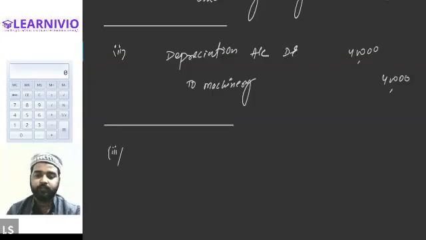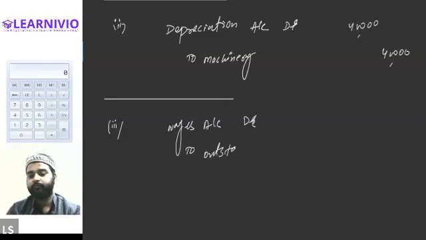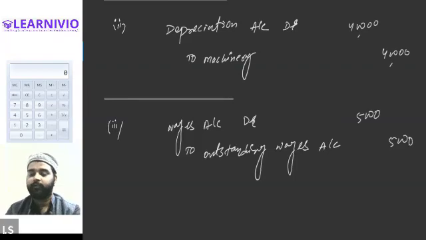For outstanding wages, the journal entry will be wages account debit to outstanding wages account, 5,000. Tell me, Halima, Hamad, and Alexander, is this clear? Yes, sir. Hamad, it is clear for you? Yes, okay. All right.